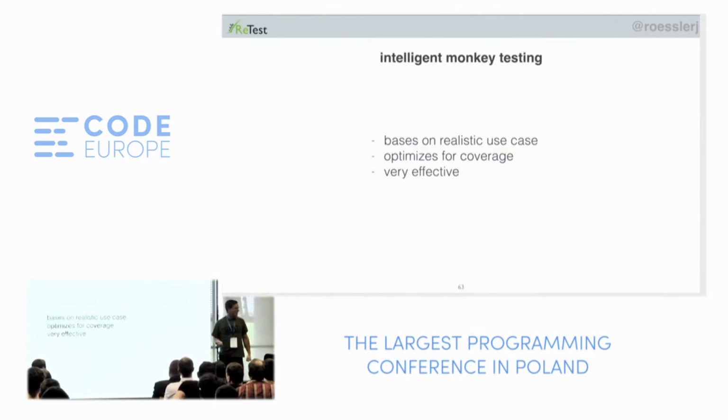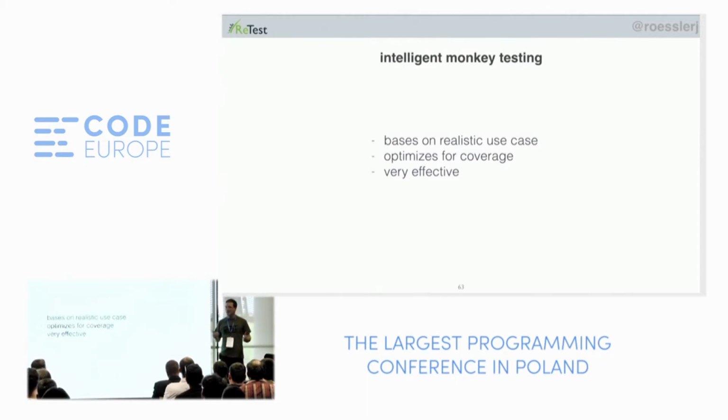Now you have the intelligent monkey, and it is based on realistic use cases, because you can put those into the genetic algorithm too. So it doesn't need to start randomly. You can give it the recorded use cases, and it starts from there. It optimizes for coverage and is very effective.